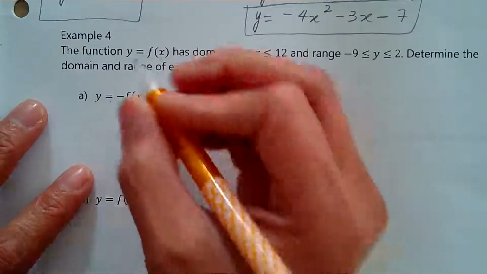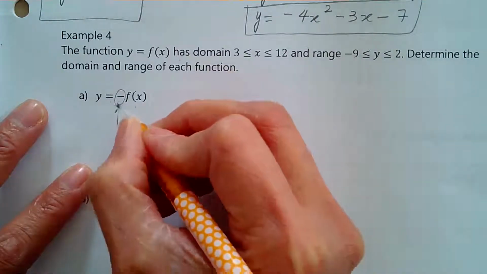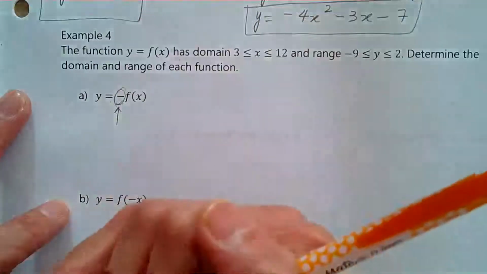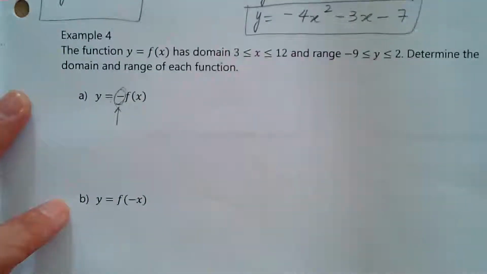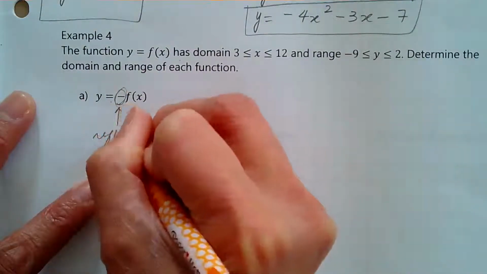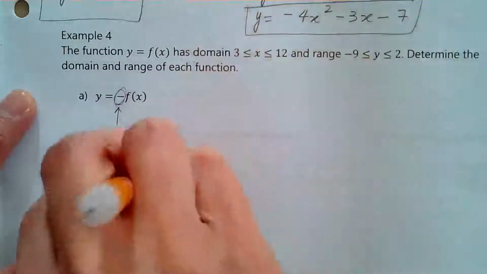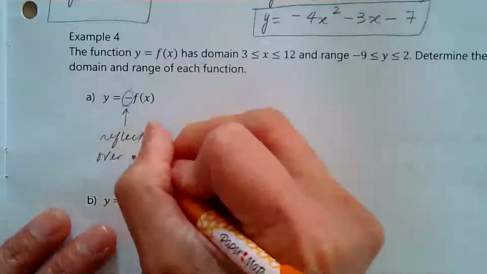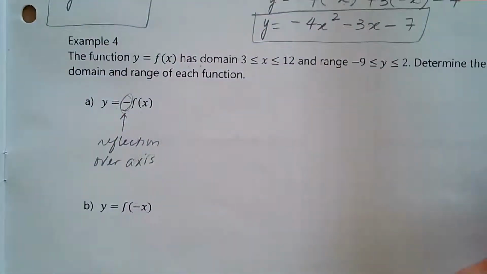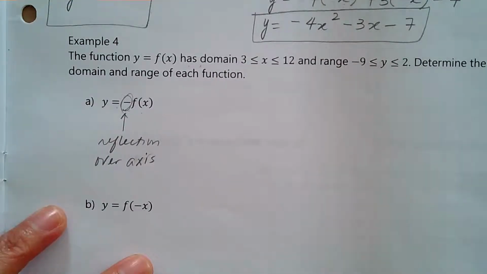This is a reflection over the x-axis. So that means the y is changing to its opposite, right?